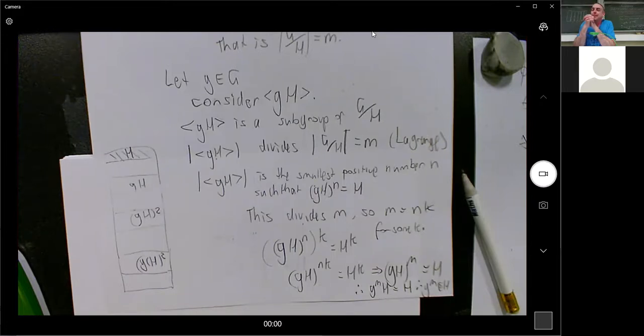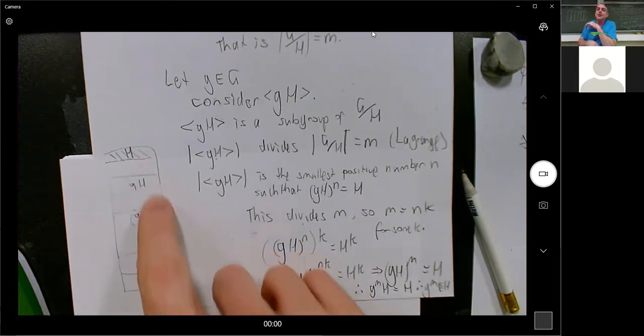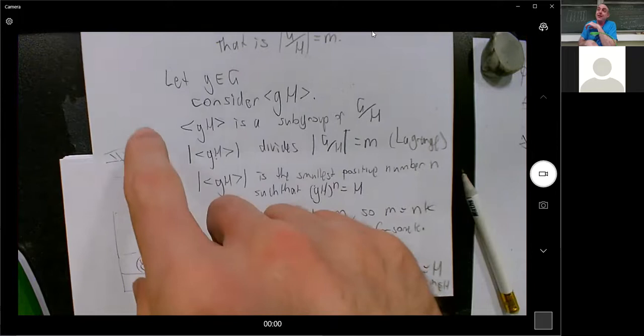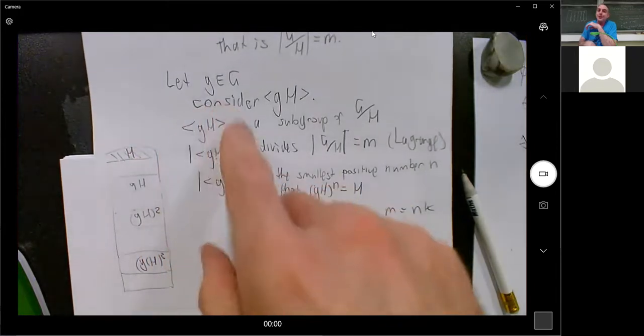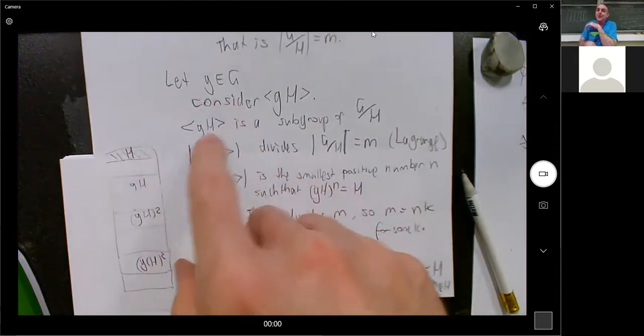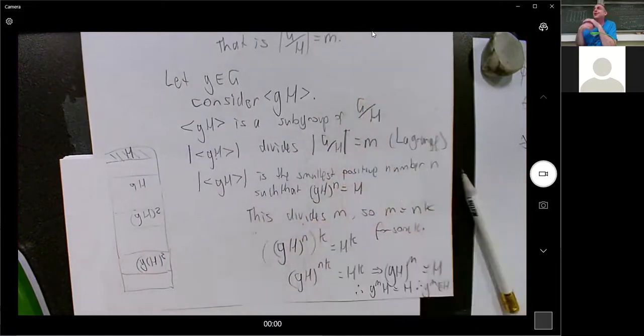So technically, what I've drawn here is I could actually make a factor group of this group inside this group as well, and make cosets of the cyclic group generated by the coset GH in the factor group G factor H. And so I can make a new factor group, G factor H, factoring the cyclic group generated by GH if I wanted.